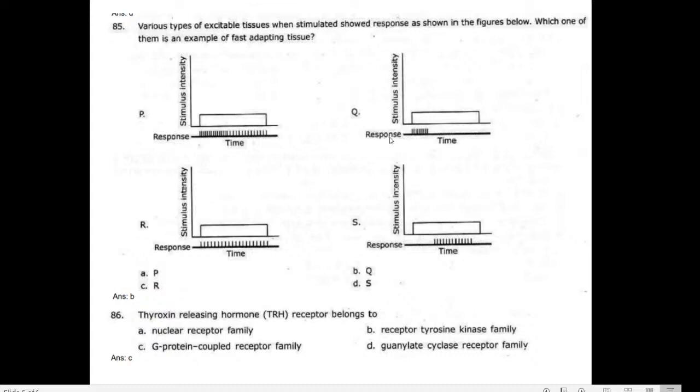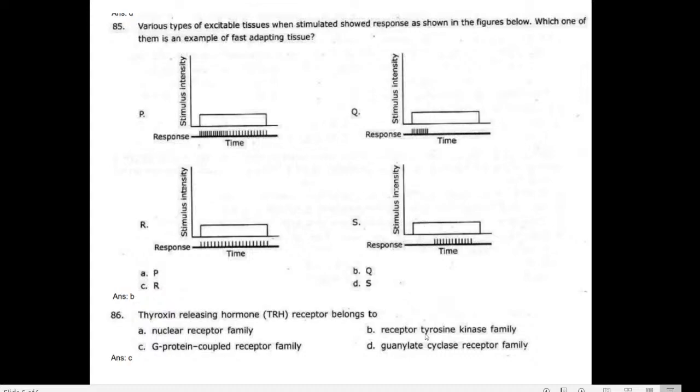Here the response is plotted against time, and the stimulus intensity is the same for all the images. Here is fast adaptation, and here it adapted first; then this one takes a long time. But in the Q response, it is fully adapted. The R response is a long time response, and S also takes a long time.